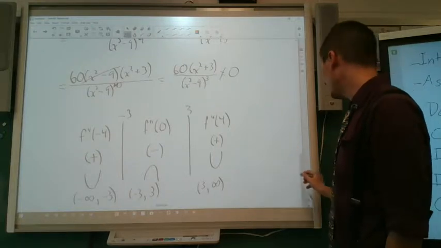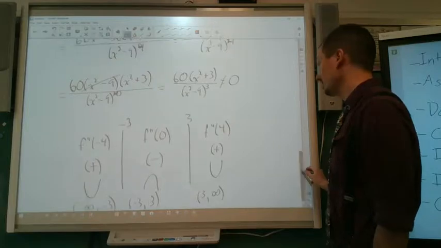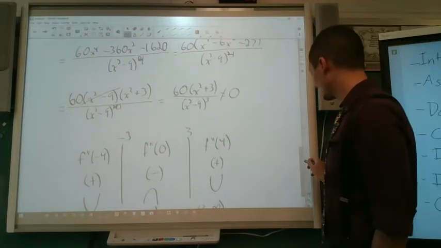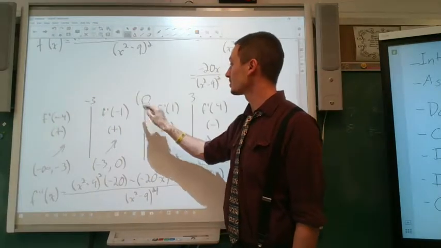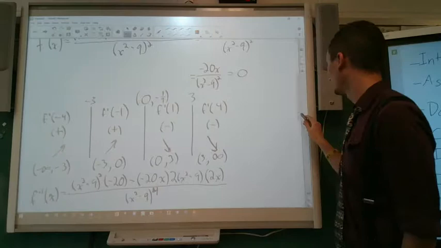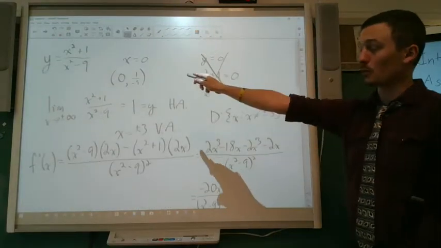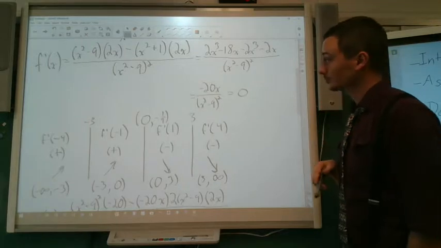We have our critical numbers and our inflection numbers, but we don't have our inflection points because those are asymptotes. But we can substitute 0 into the function and get our negative 1/9 because if you recall, that is our y-intercept. So our y-intercept is also a critical point.